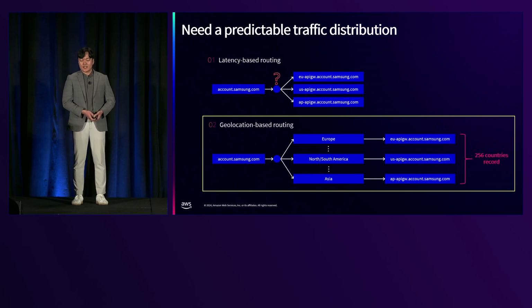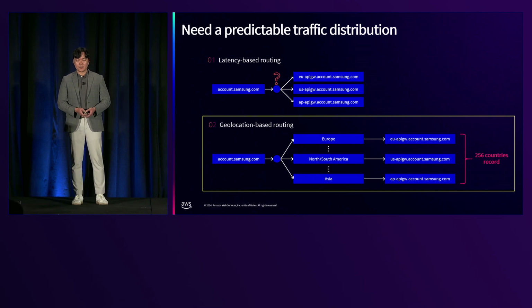On the contrary, geolocation-based routing permits us to establish national rules and exert direct control over them. By utilizing Route 53's geolocation-based routing, we could manage overall traffic on a countrywide basis and plan for distributing and observing failed traffic accordingly.